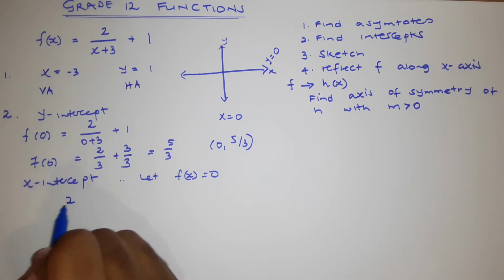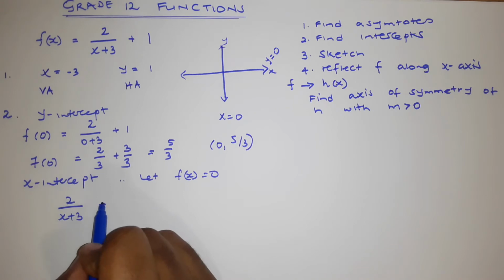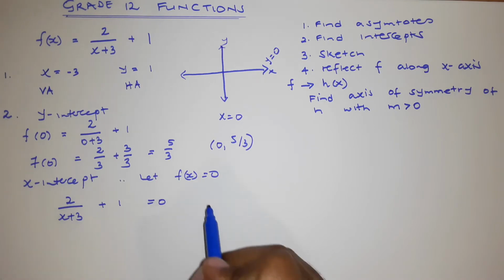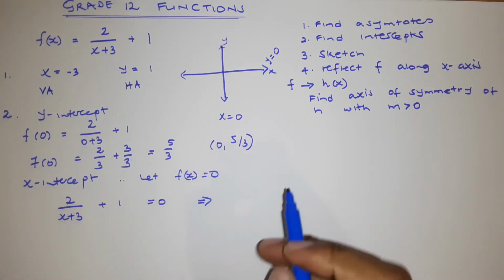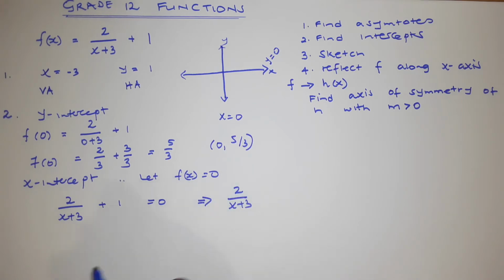So 2 divided by x plus 3, plus 1 equals 0. We can subtract 1 on both sides, so we're left with 2 divided by x plus 3 is equal to -1.